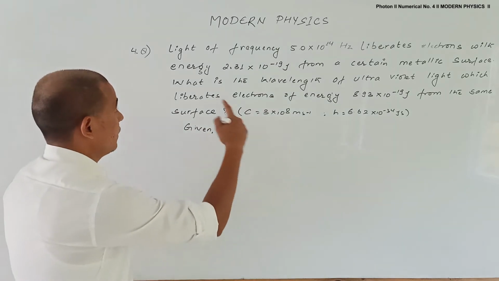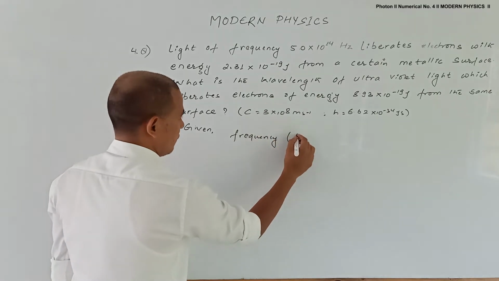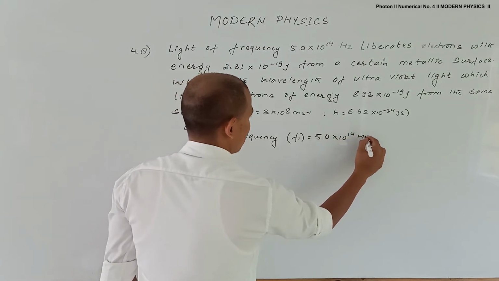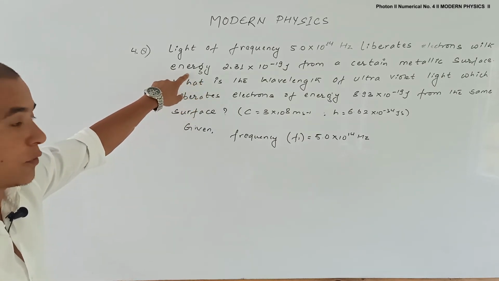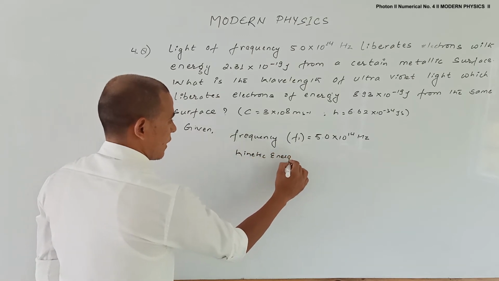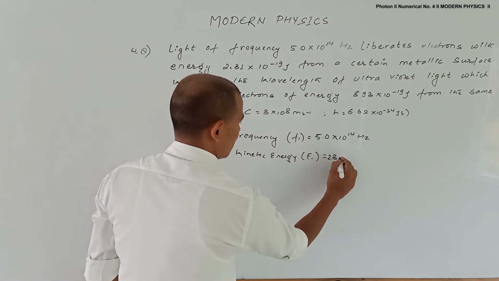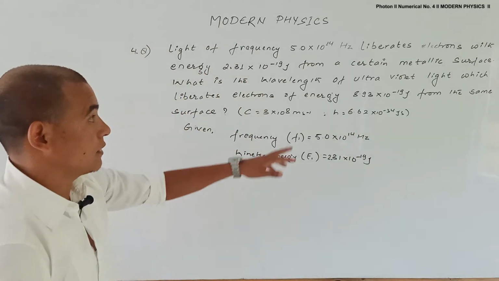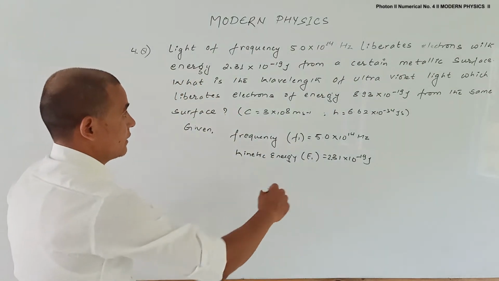Okay, so first frequency f1 is given, that is 5.0 into 10 to the power 14 hertz. It liberates an electron with energy, so this is the energy of the photoelectron. That means we can write kinetic energy E1 equals 2.31 into 10 to the power minus 19 joule, since it says it liberates an electron with energy, so that is the kinetic energy.